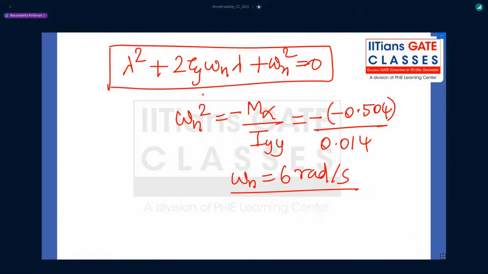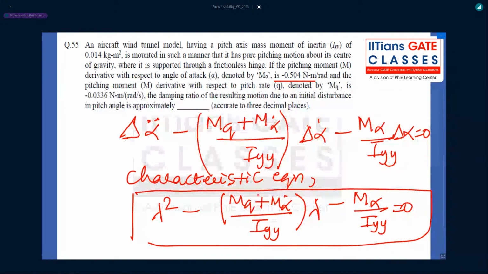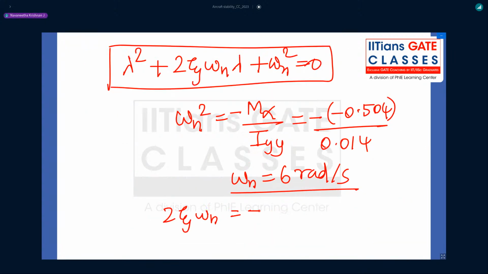So next, the second term, if I equate 2 zeta omega n, that is equal to minus of mq plus m alpha dot divided by Iyy. In this, m alpha dot is not given, so we can assume it to be equal to 0.